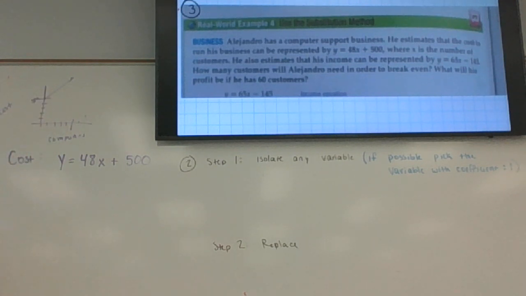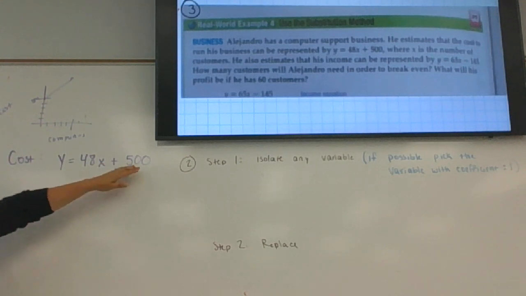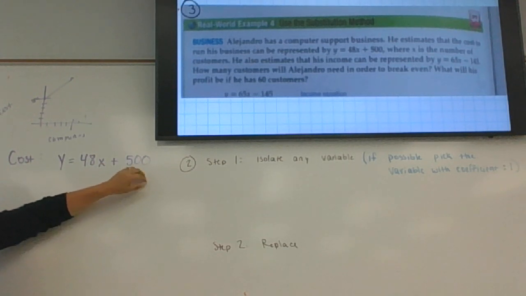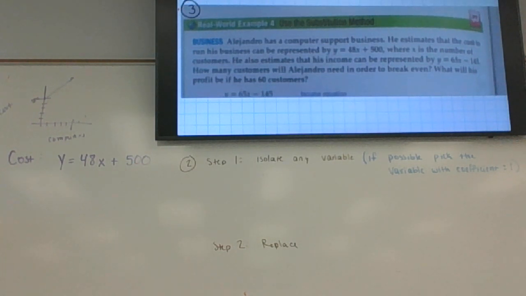Why would it cost 500 if he hasn't even repaired any computers? Maybe he's renting an office building for $500. Maybe it's the equipment, or maybe it's the software he uses to repair computers.